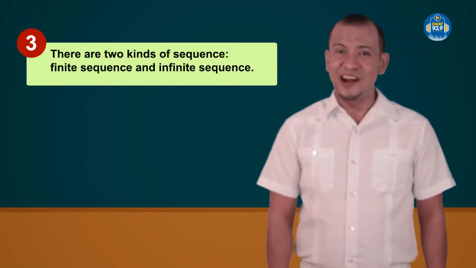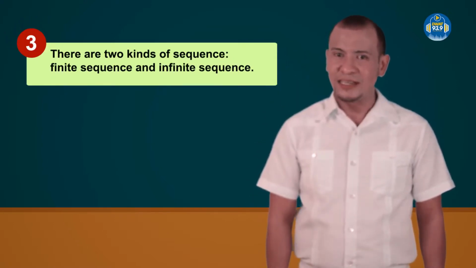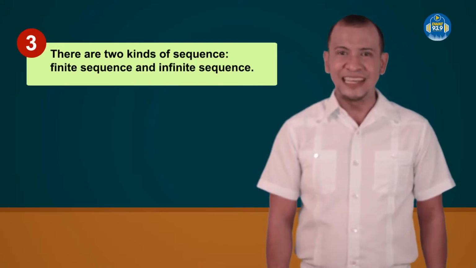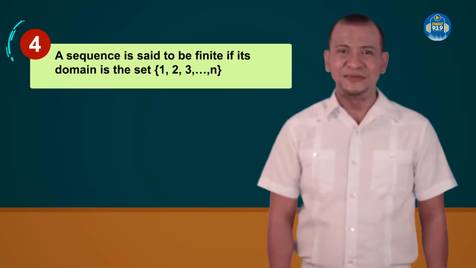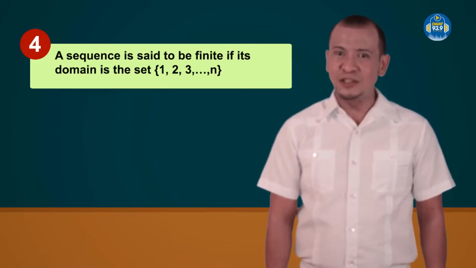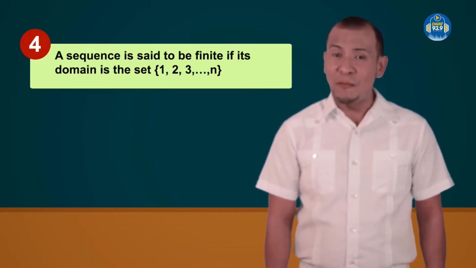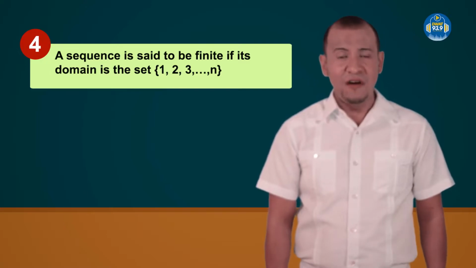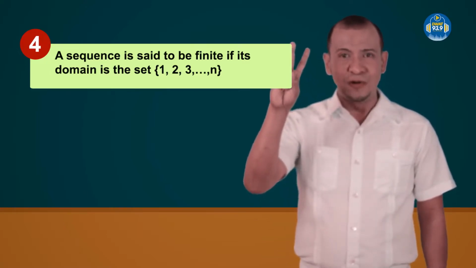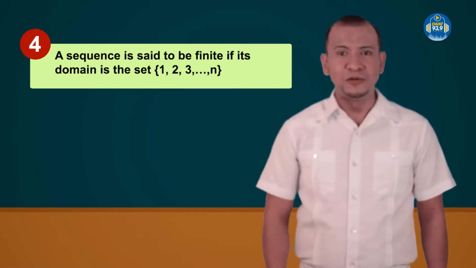Third, there are two kinds of sequence: the finite sequence and the infinite sequence. Fourth idea, a sequence is said to be finite if its domain is a set of 1, 2, 3, up to n.